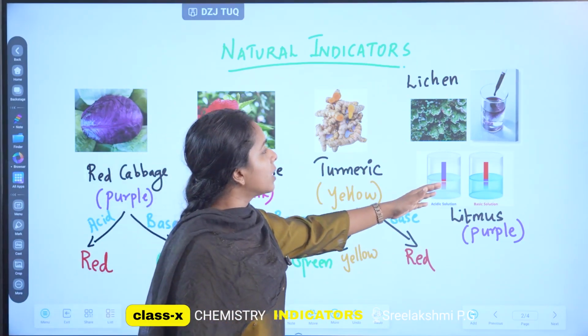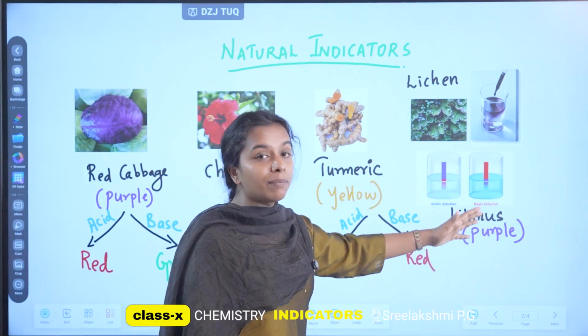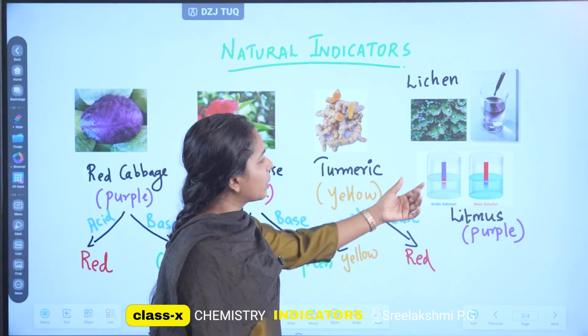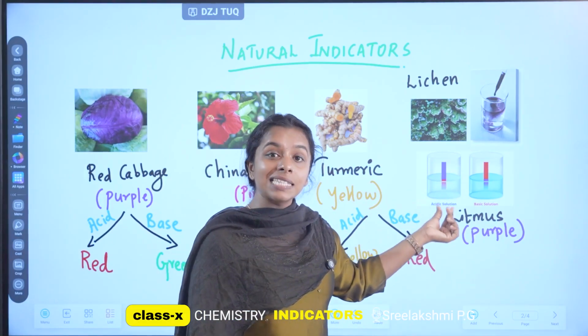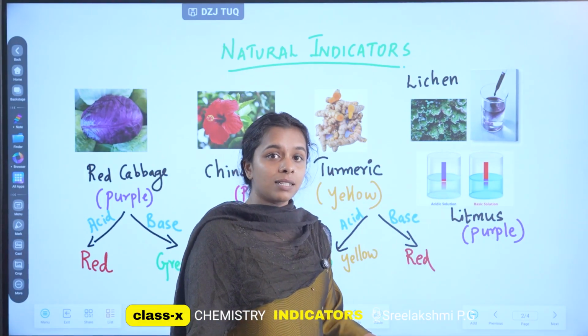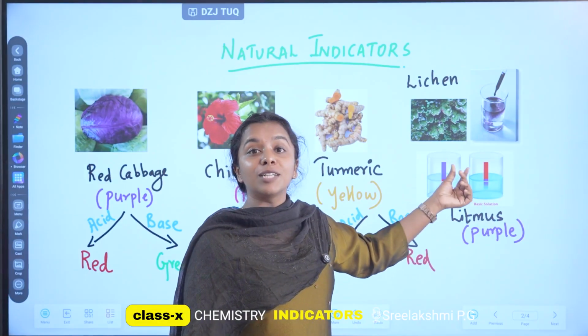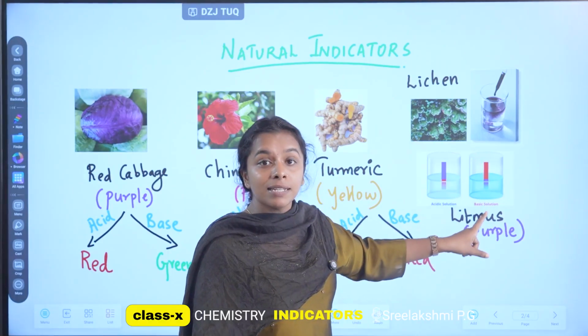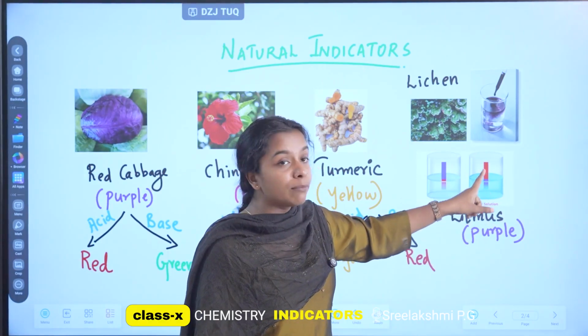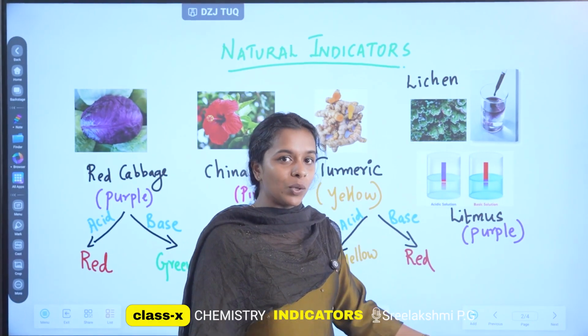Now we will move on to the next one, that is litmus solution. As you can see here the color is visible. In presence of acidic solution, that is acid, blue litmus will turn red. And here you can see that in presence of base, the red litmus will turn blue.